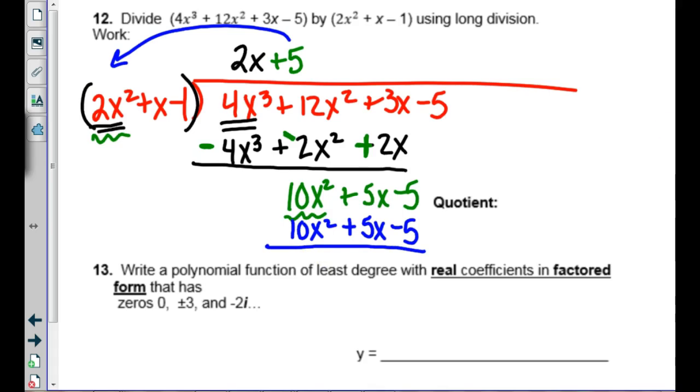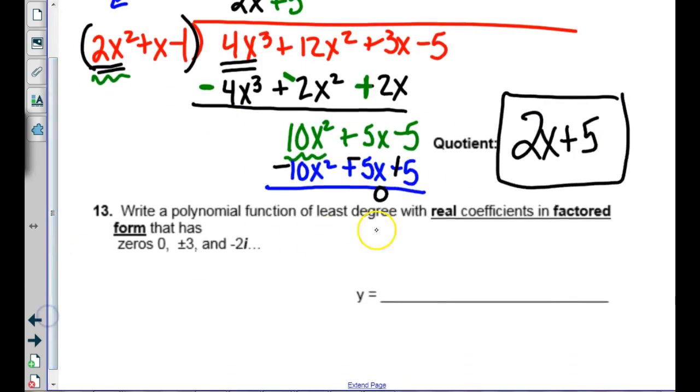So when I do the subtraction, this all becomes 0, doesn't it? Okay, so what is the quotient? 2x plus 5. What if I'd ended up with a remainder of 3 or something goofy? Then I'd put plus 3 over all this garbage, right?